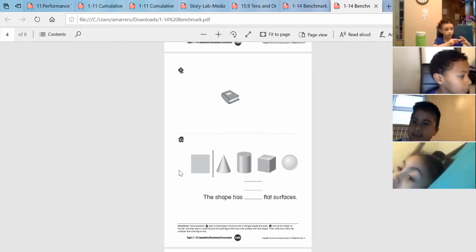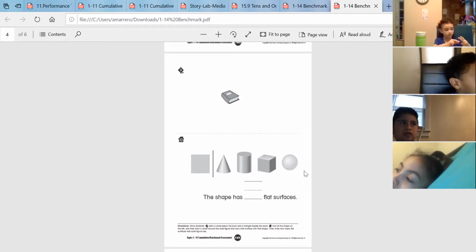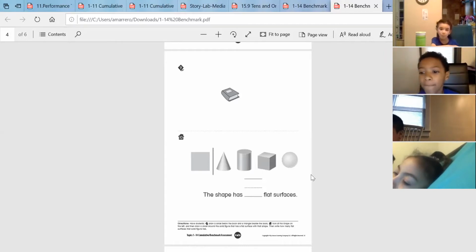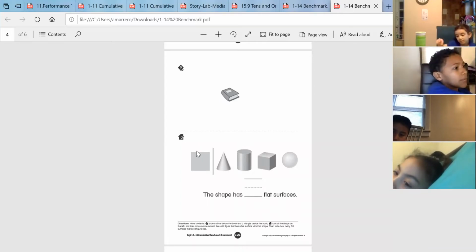For number 10, this one was tricky. I liked it. There's a square, and it says, which 3D shape has the flat surface of a square? So which 3D shape has a square as their surfaces? That means the parts that go together.